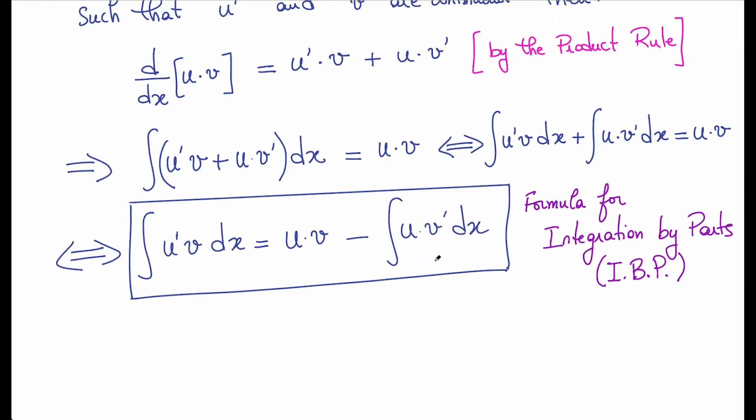And the objective in using integration by parts is to obtain a simpler integral. So you do the switch, you pay a price. This is the price to pay, and also changing the sign of the integral. But the objective is to obtain a simpler integral than the one that you start with.